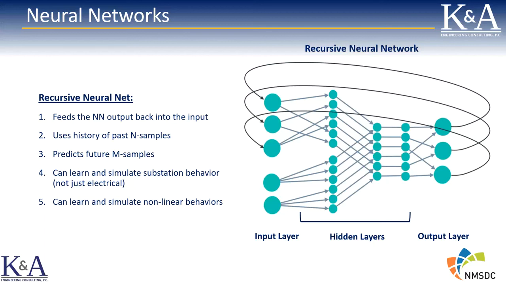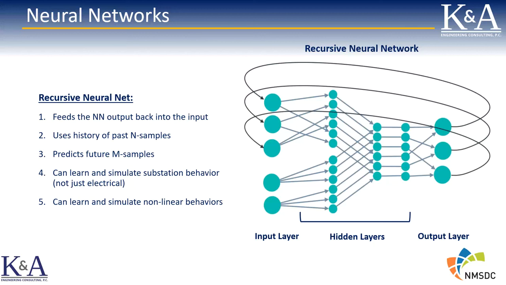So this type of network is capable of learning and simulating the substation behavior, the electrical substation behavior, but not just the electrical behavior. There are other data that you can collect from a substation. For example, ambient temperature.